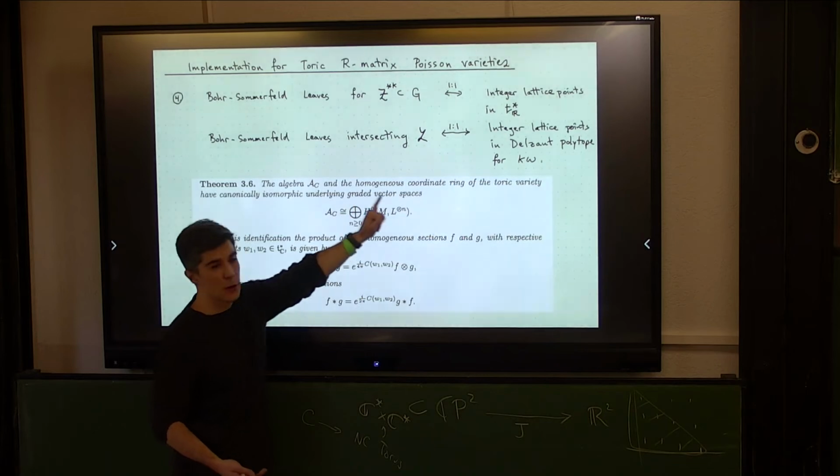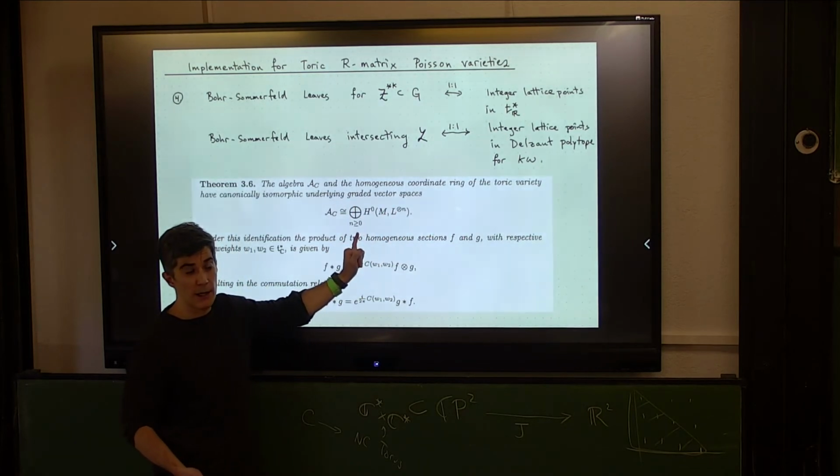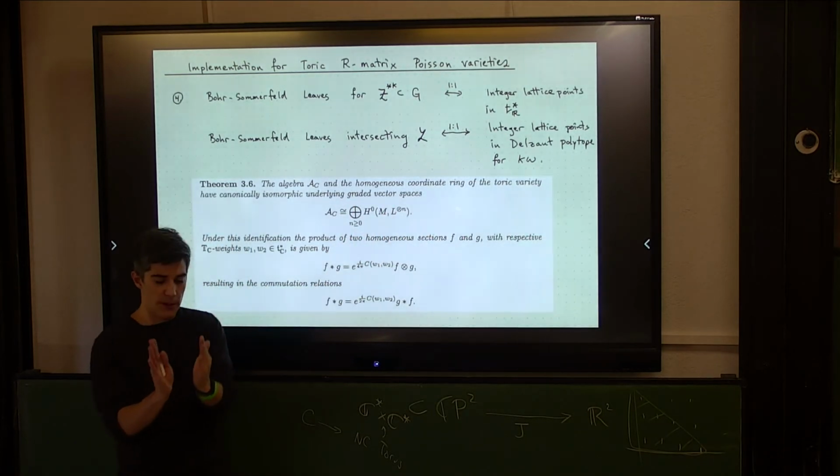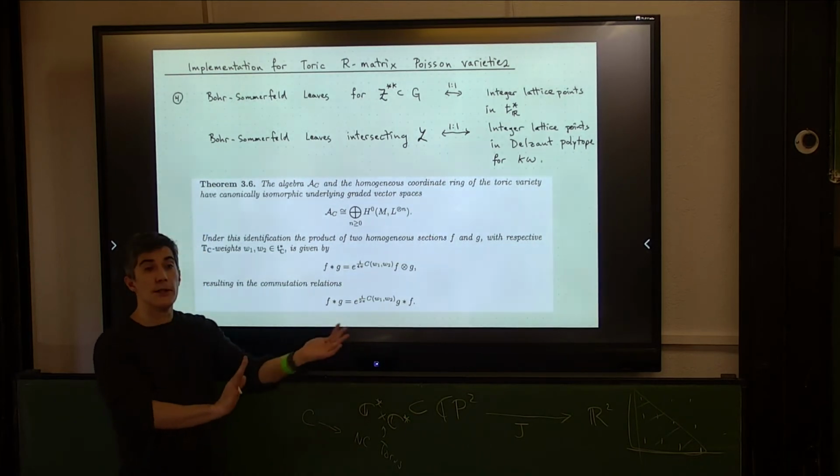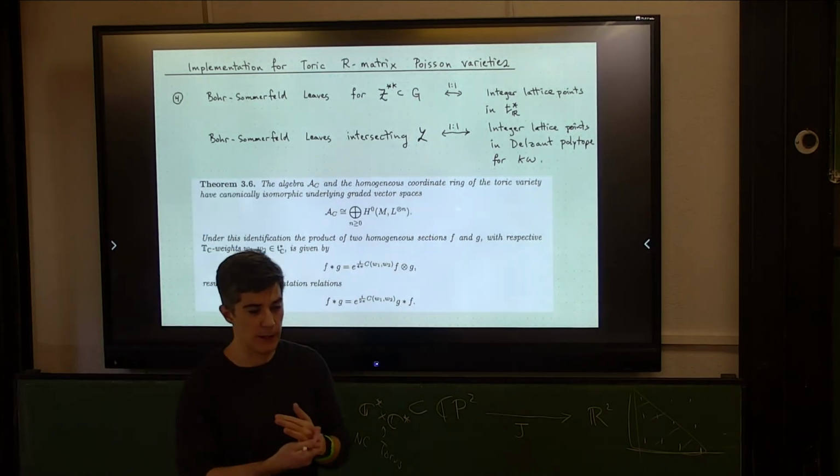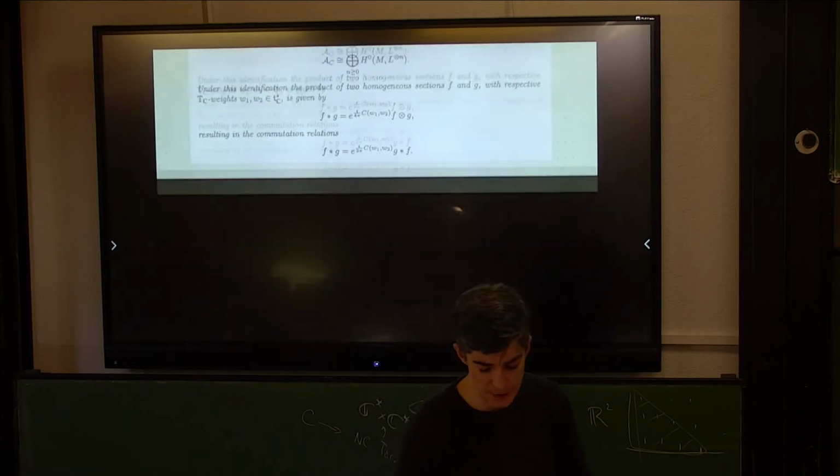This vector space is just the usual homogeneous coordinate ring of CP2, and so we end up with a non-commutative algebraic deformation of the usual homogeneous coordinate ring of algebraic geometry.